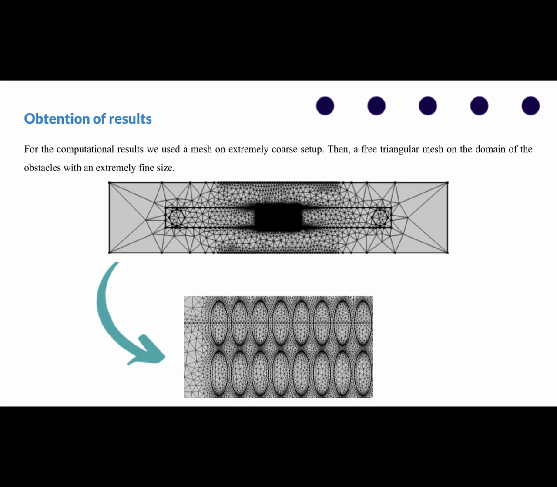And when you have the mesh in all the system, basically you have all your boundary conditions. The size of the mesh is very important.